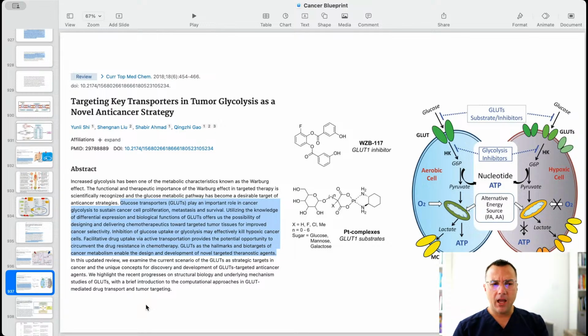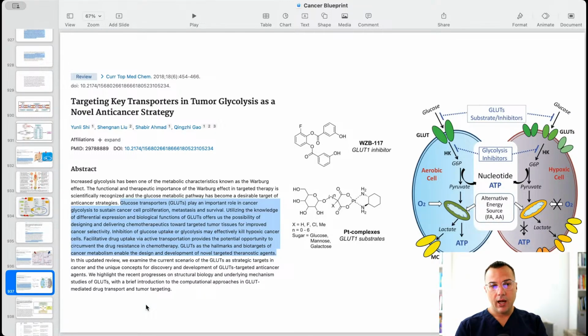So I think what is being missed heavily here is that this is obviously looking at strategies of inhibiting these glucose transporters to effectively maim or potentially kill cancer cells by blocking these GLUT transporters.